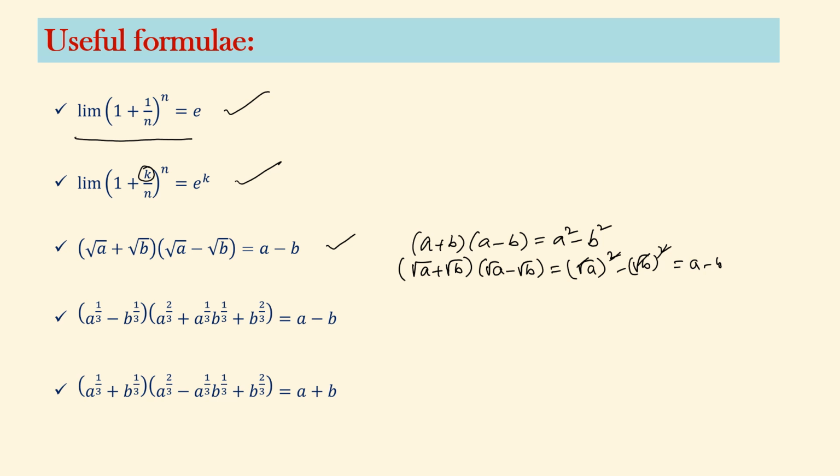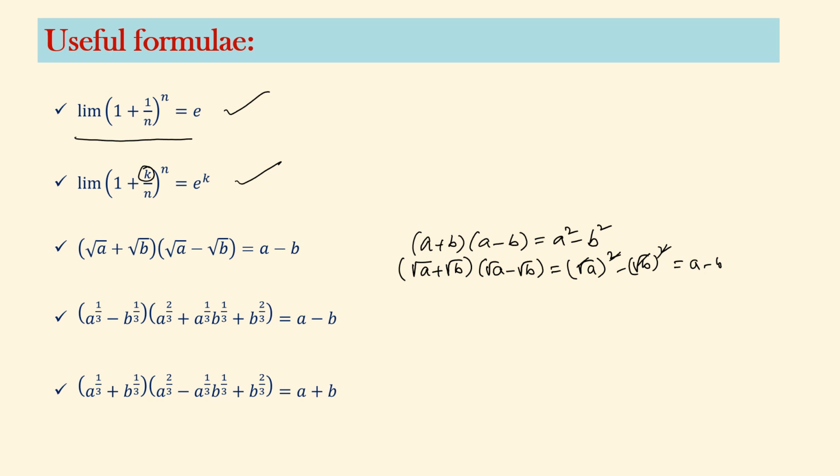So whenever you see square roots in the numerator, we have to rationalize it by using these factors. If root a plus root b is there, we multiply with root a minus root b. If root a minus root b is there, we multiply with root a plus root b, so that the resulting expression will no longer be a surd. Similarly, this comes from the a square minus b square formula.